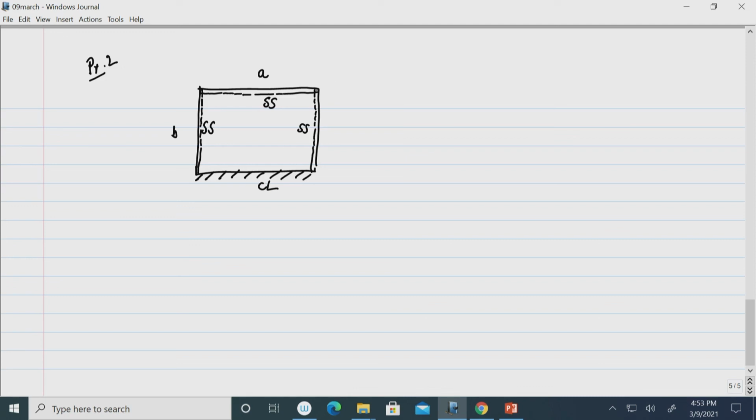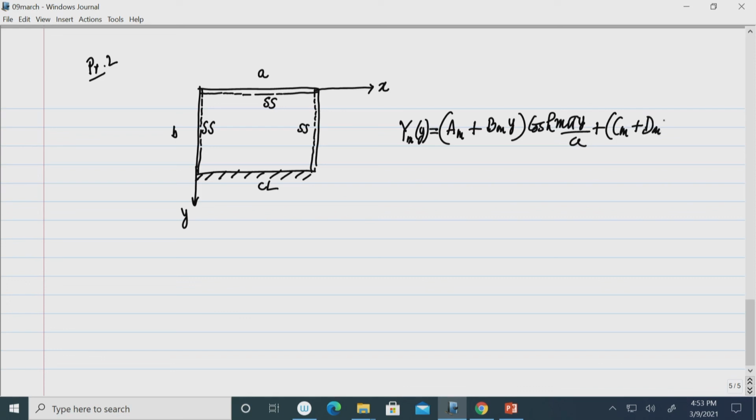So, what we do here, we take the axes as they are, this is x axis and y axis, and we have to keep the full terms of the deflected series, that is Y m of y composed of A m plus B m y cosh m pi y by a plus C m plus D m y sinh m pi y by a.